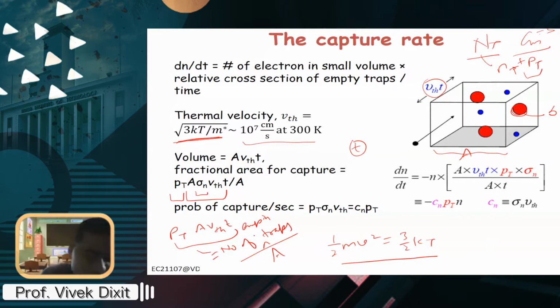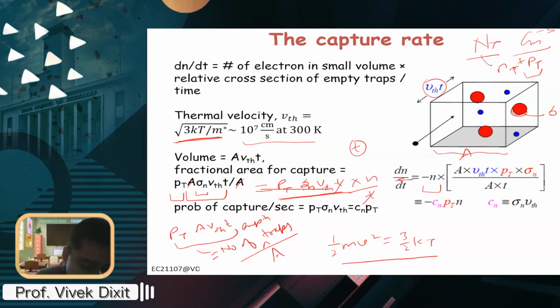So this will be the trap density per unit area. So dn/dt will become the trap density per unit area multiplied by the concentration of electrons. If you want the rate per unit time, then you have to divide by t also.